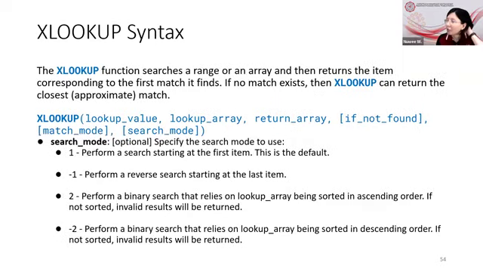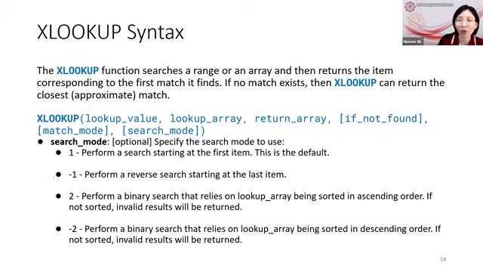The last optional parameter is called search mode. So search mode is actually for geeks, just like us, because we can choose to perform search more efficiently if we know that the data is sorted. Since you studied data structures and algorithms before, you know that a linear search is big O(n), right?